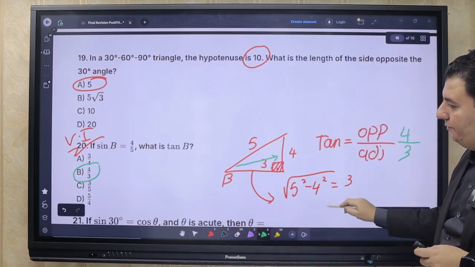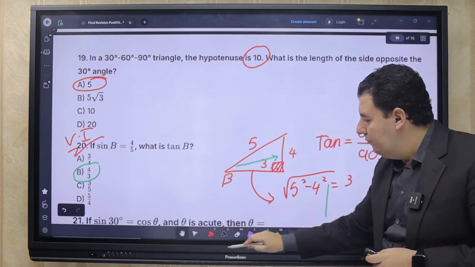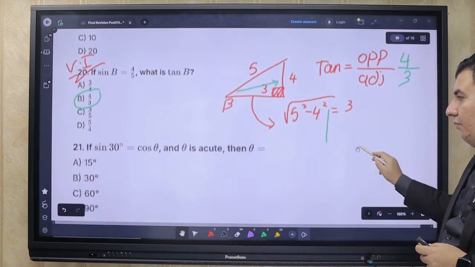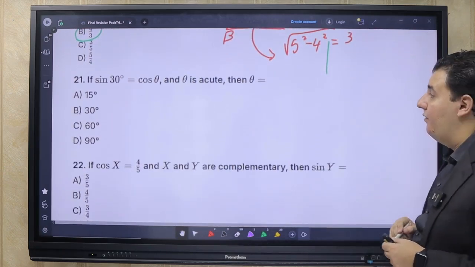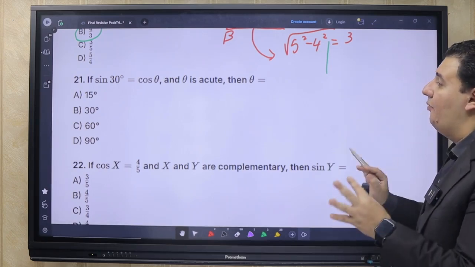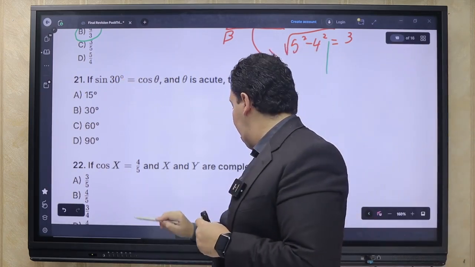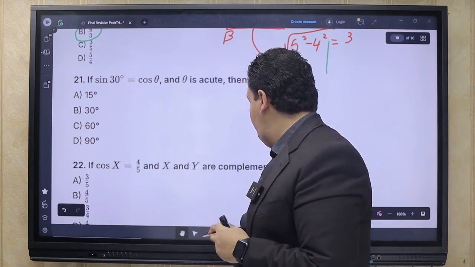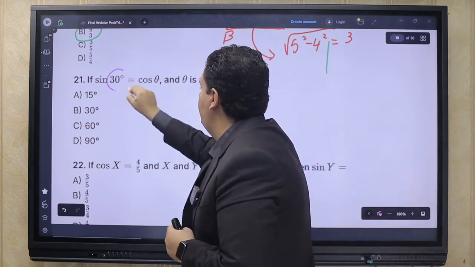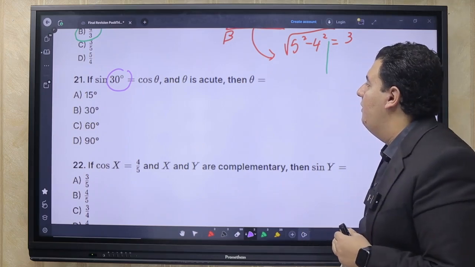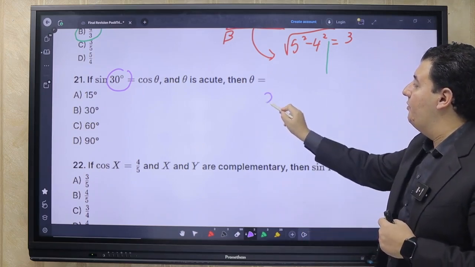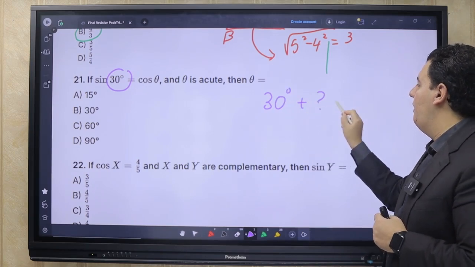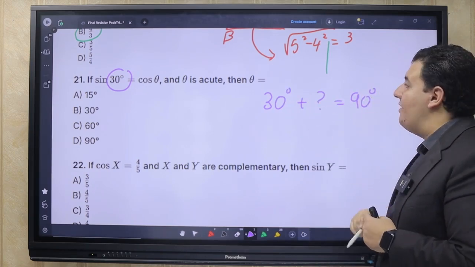Okay, 21. If sine 30 equals cosine theta, and theta is acute, then theta equals what? 30 and this acute angle, which is angle theta, then what is the second angle? 30 plus what equals 90? 30 and 60.